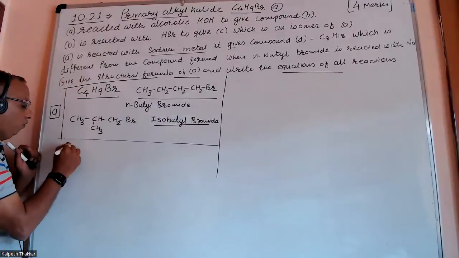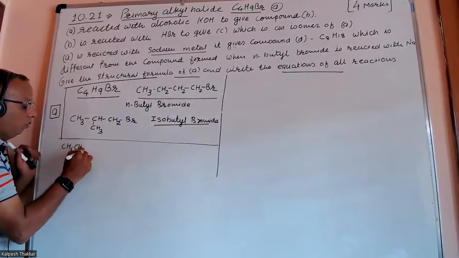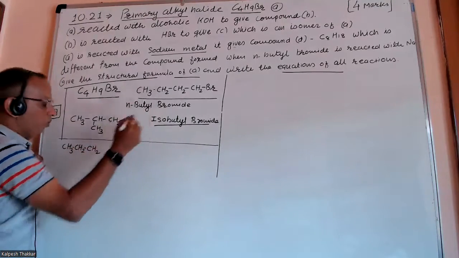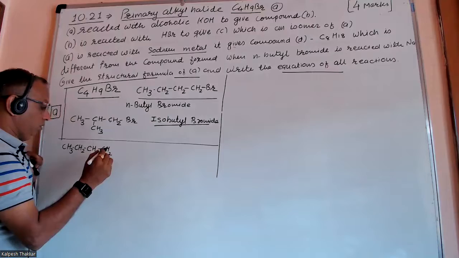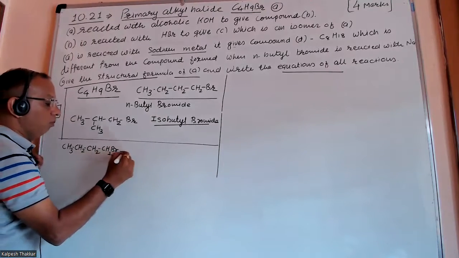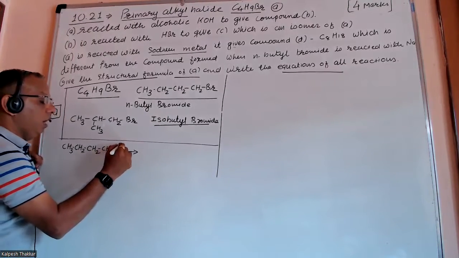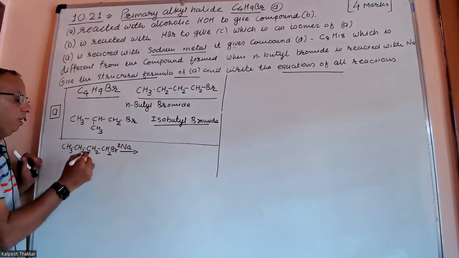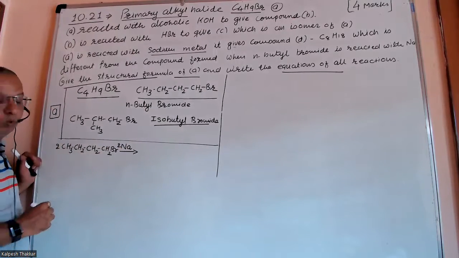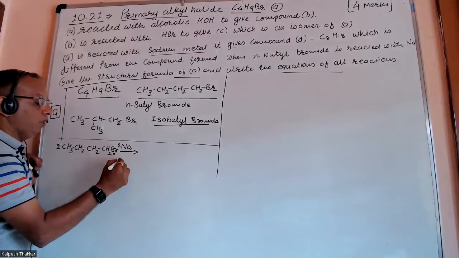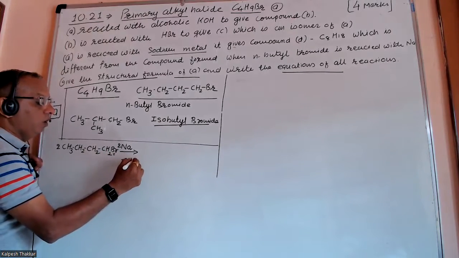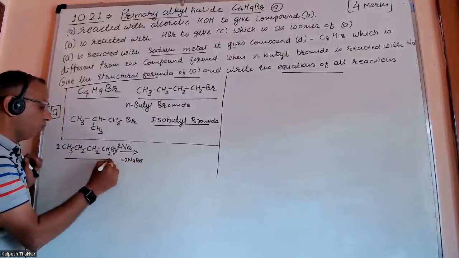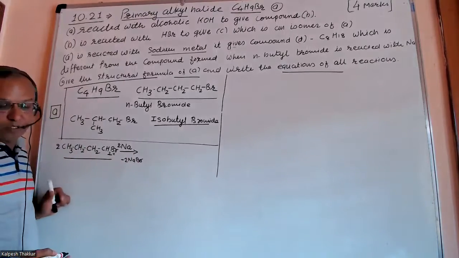If I follow it for the first one, it's 1-bromobutane, or normal butyl bromide, and sodium metal is here. We have to take 2 sodium atoms, and this will be taken 2 times, and the 2 sodium and 2 bromine will be removed as 2 NaBr, friends. And here these 4 carbons appear 2 times.